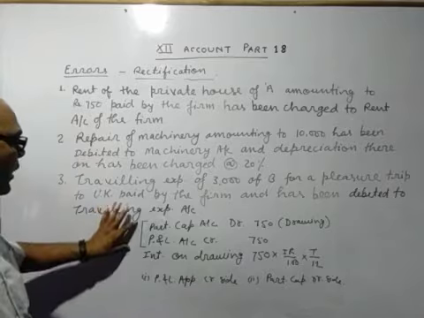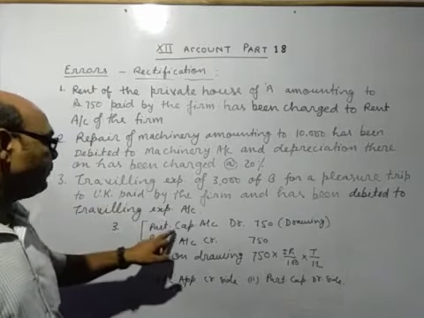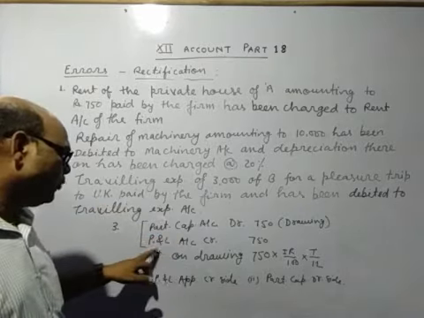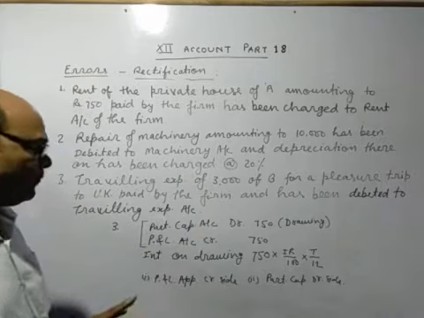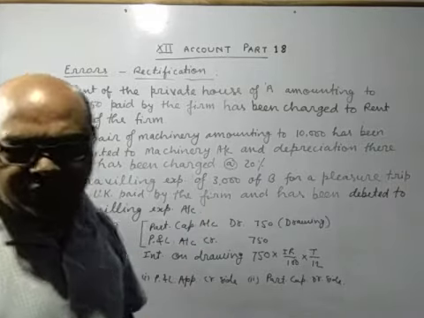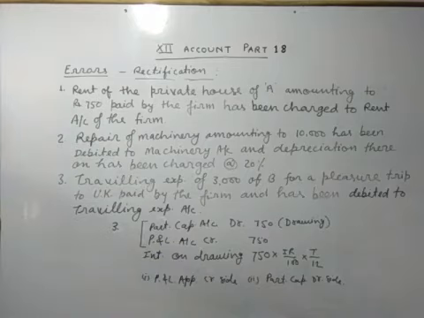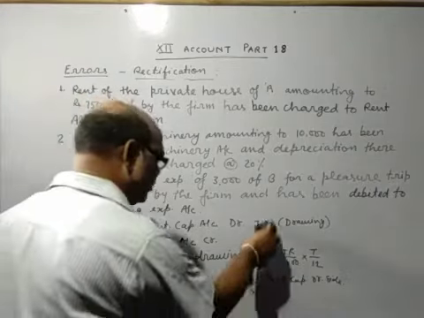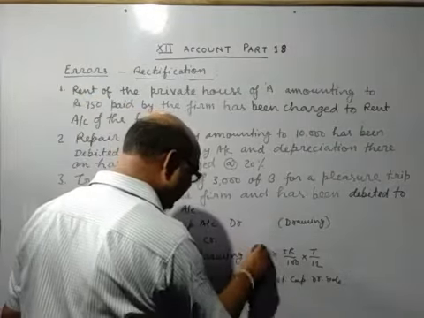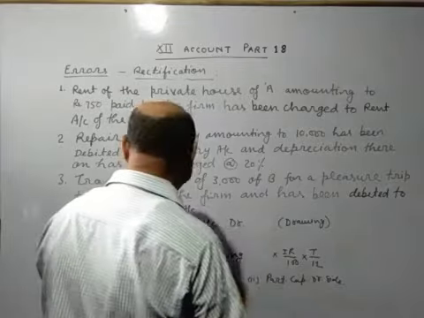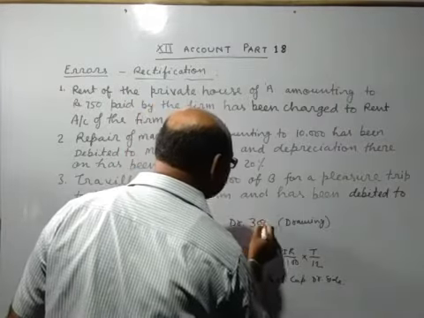Same here: B's capital account debit to profit and loss account, and the amount will be 3000.